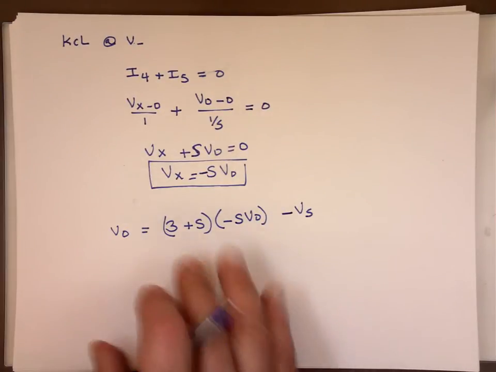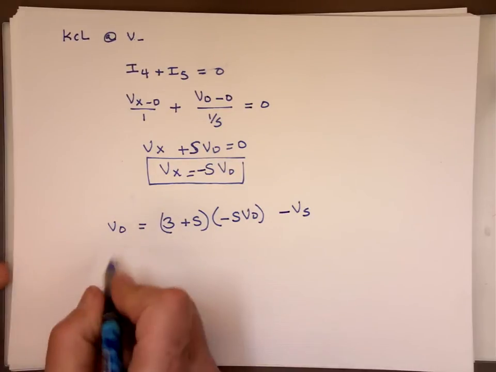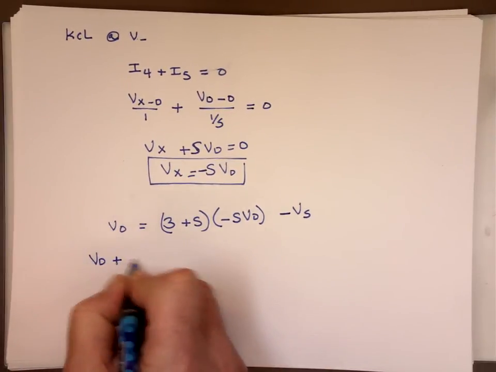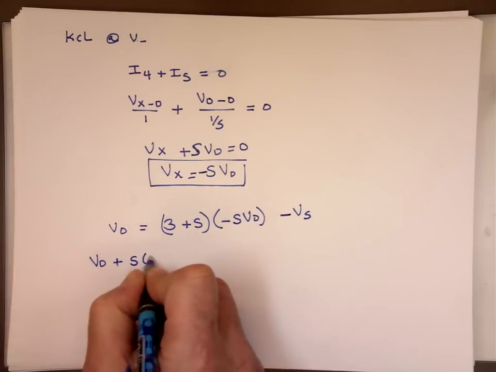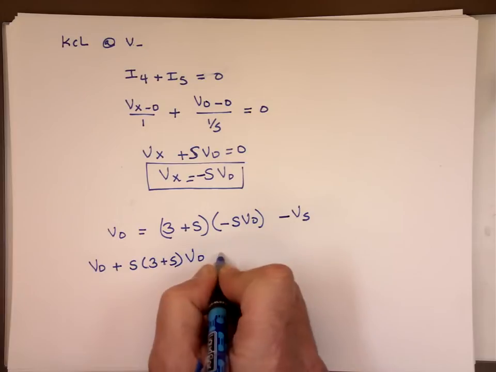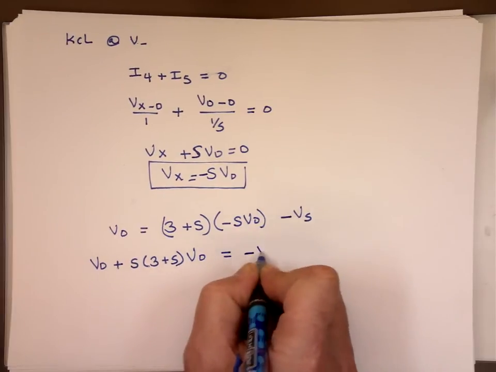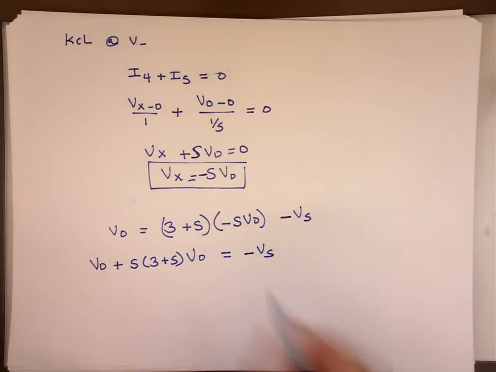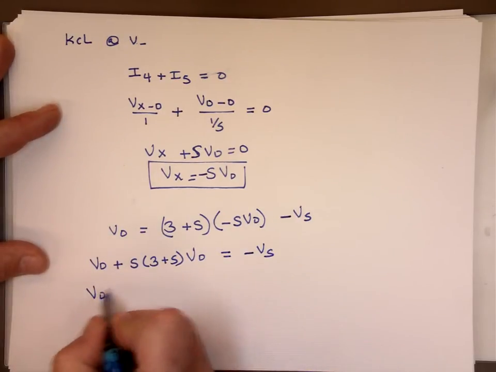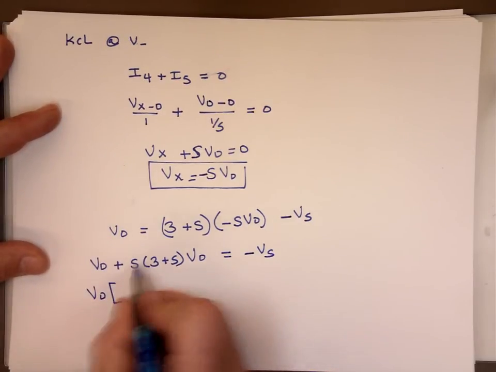Now, since these have V out, let's bring them to one side. V out plus S times 3 plus S V out equals negative Vs. I can factor V out out. And if you expand this, what's S times S?